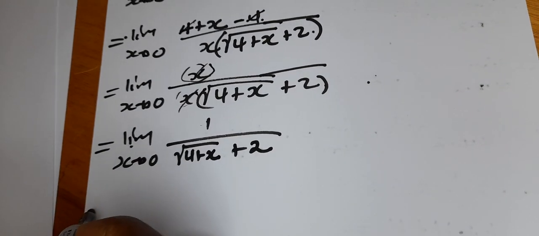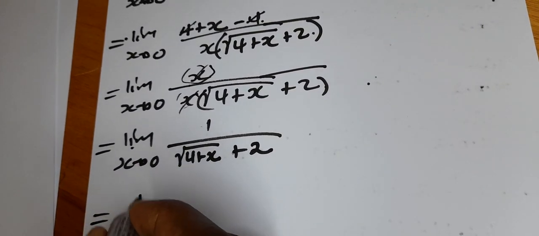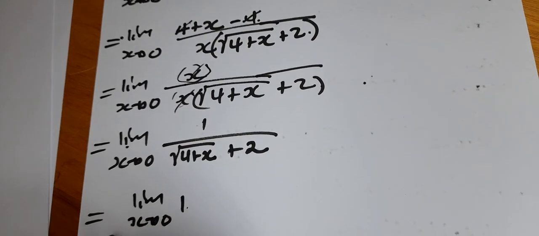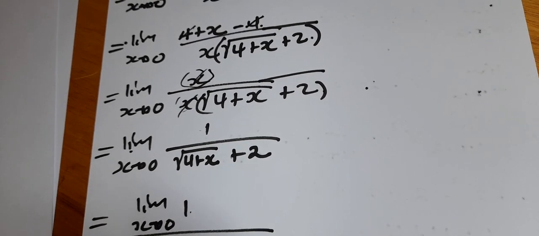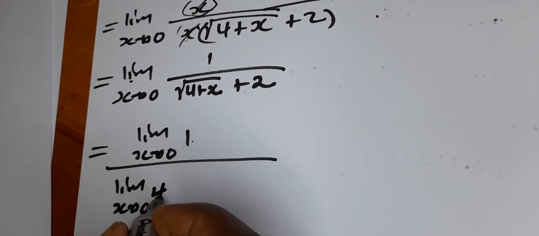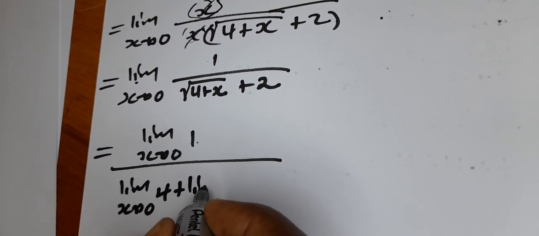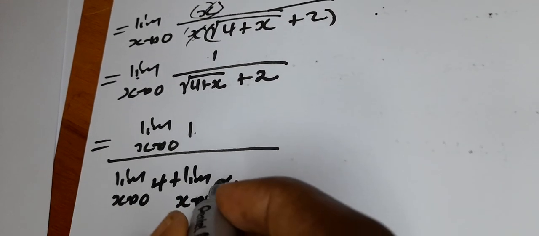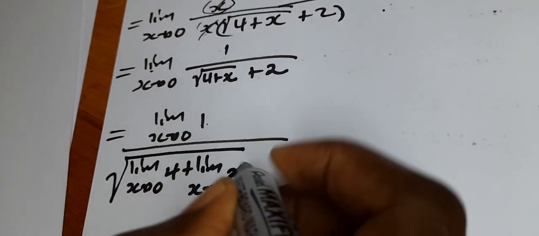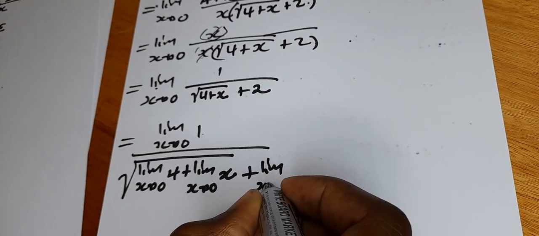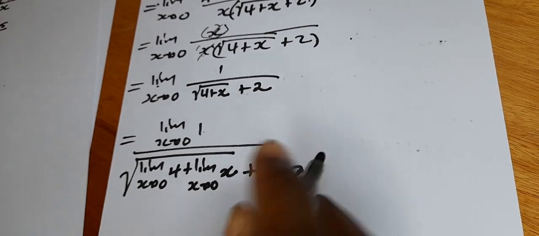This is equal to the limit when x approaches 0, you have 1 all over the limit when x approaches 0 of the square root of 4 plus the limit when x approaches 0 of x, then plus the limit when x approaches 0 of 2.